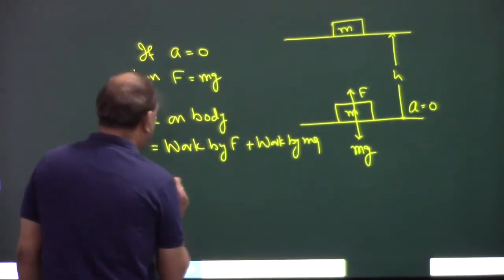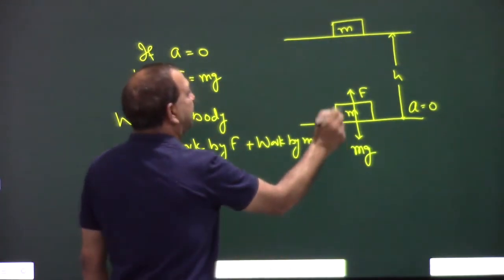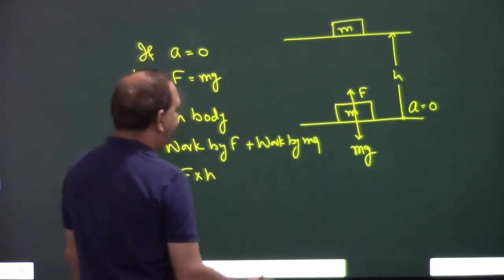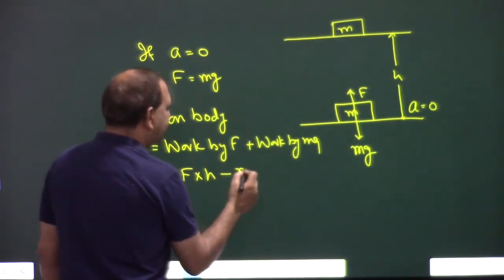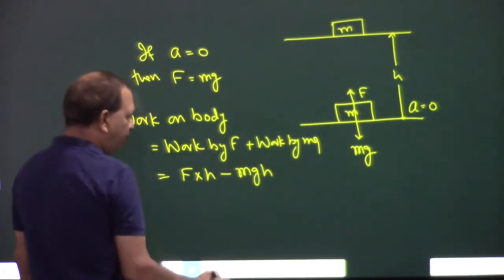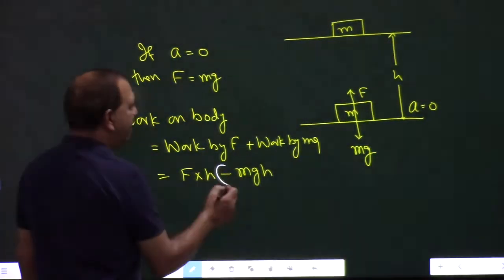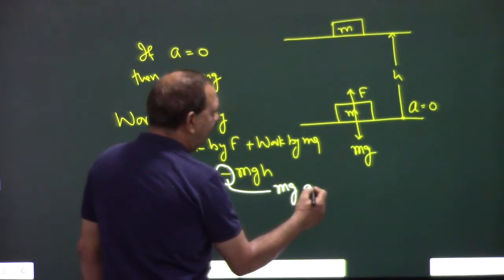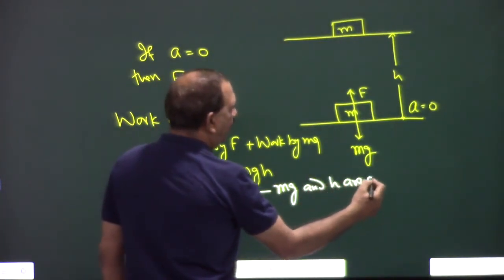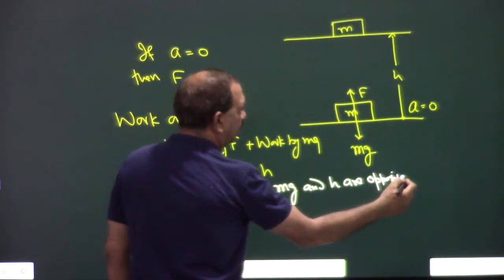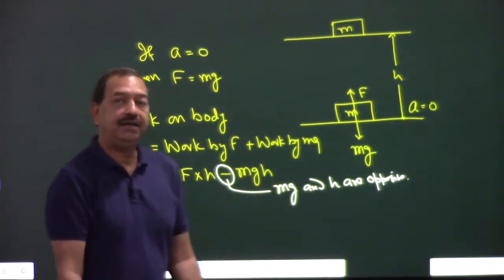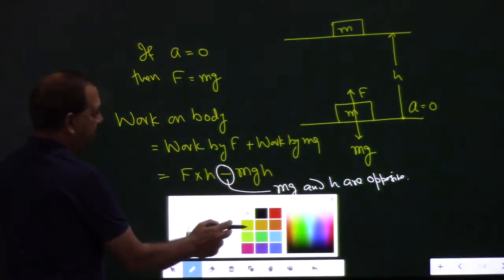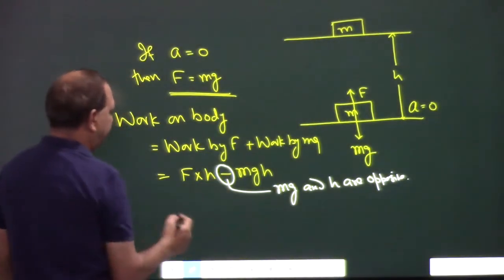So how much is the work done by force F? That is F into h. How much work is done by mg? That is minus mg into h. Why is it negative? Because mg and h are opposite. So this work will be negative. How much is F? That is mg.